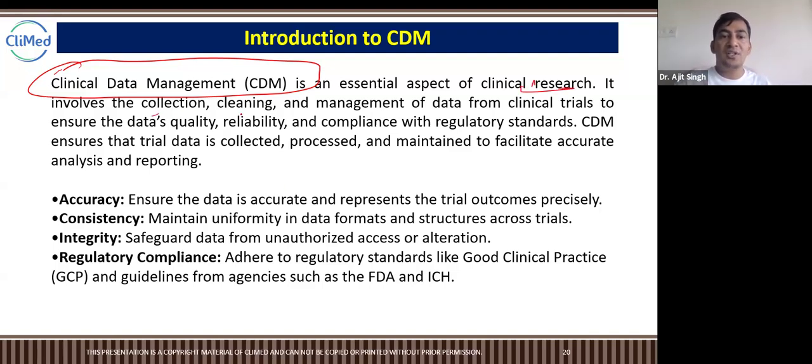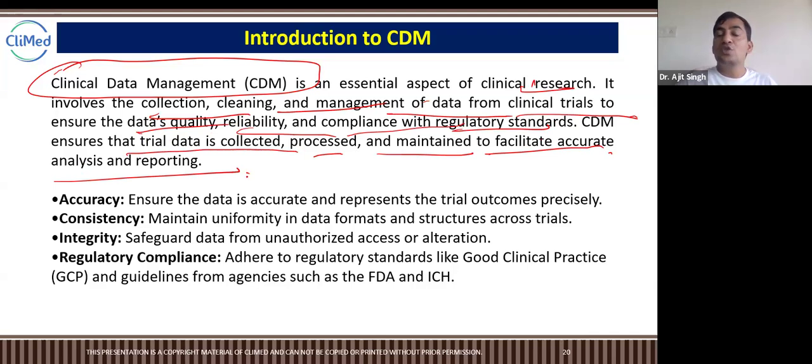It involves the collection, cleaning, and management of data from clinical trials to ensure quality, reliability, and compliance with regulatory standards. CDM ensures the clinical data is collected, processed, and maintained to facilitate accurate analysis and reporting. So the main characteristic of CDM is accuracy. Definitely they have to maintain accuracy. That's why real-time data collection and real-time surveillance are important, because they are collecting data from different sites.